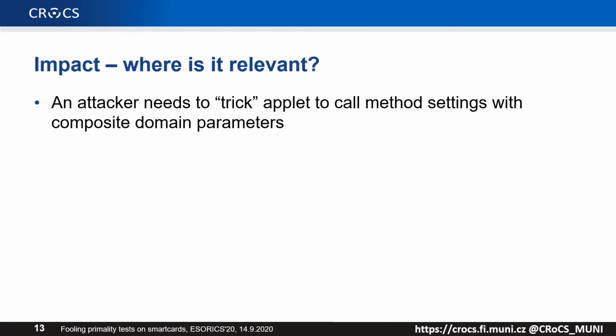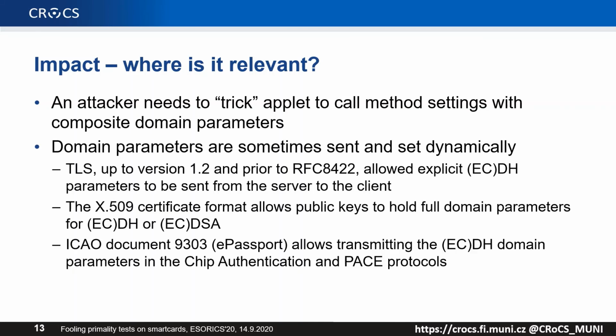So the impact, where is it relevant? The attacker will win only if the attacker manages to convince the card to set the parameters, say, domain parameters for the curve, and then do the ECDSA computation and output the signature. There are some protocols and formats that allow setting the domain parameters explicitly.